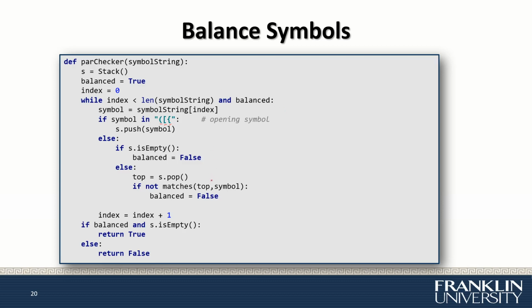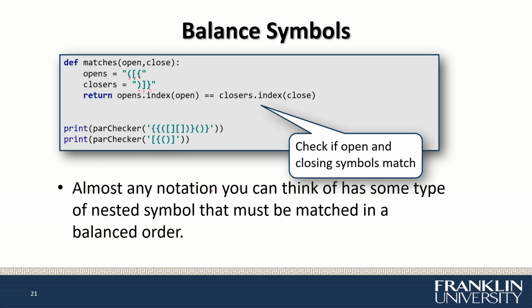When I match, I check the top. The top is the last item I pop out, and the symbol is the character I have right now. So I check whether these two items match.